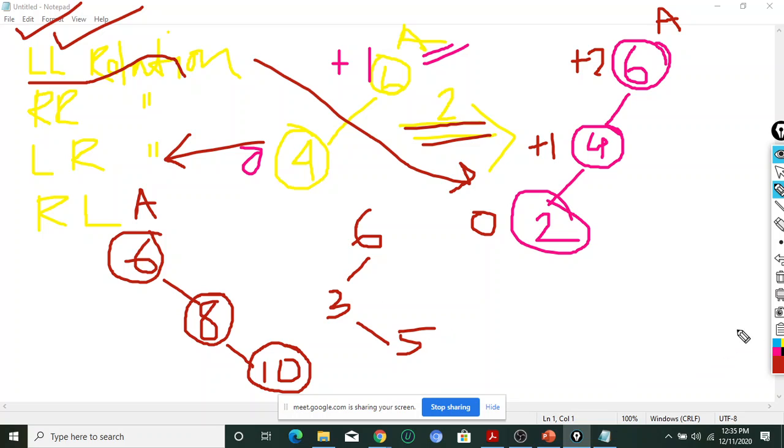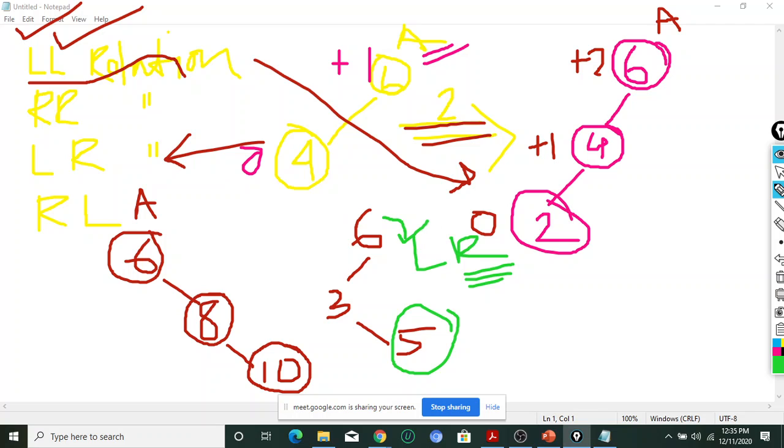Try to understand. This is LR, inserted node in the right subtree of the left subtree of root node A. Yes or no? Yes, sir. Understood?